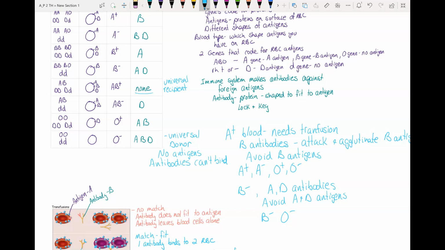They have nothing to cause agglutination. Nothing is foreign to them. So again, this blood is not going to agglutinate because they don't have any antibodies. You can put anything in an AB positive person and they're going to be fine.